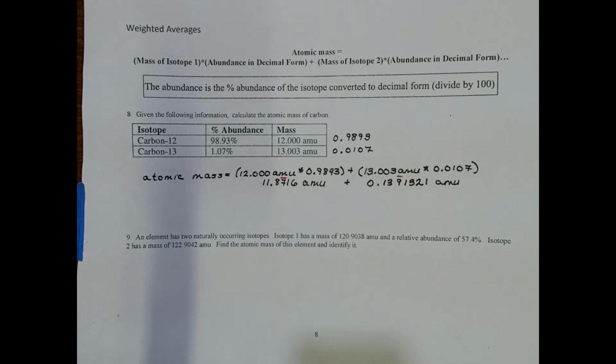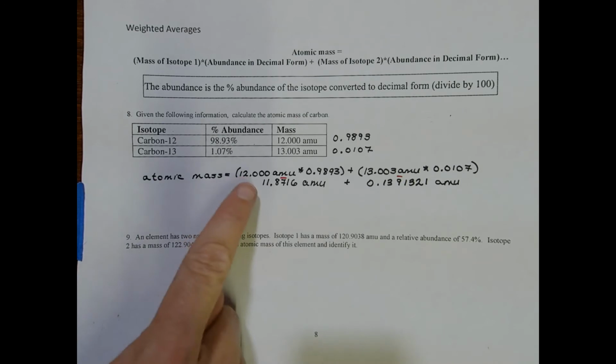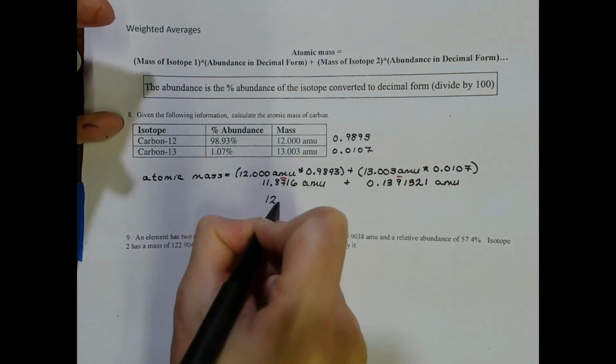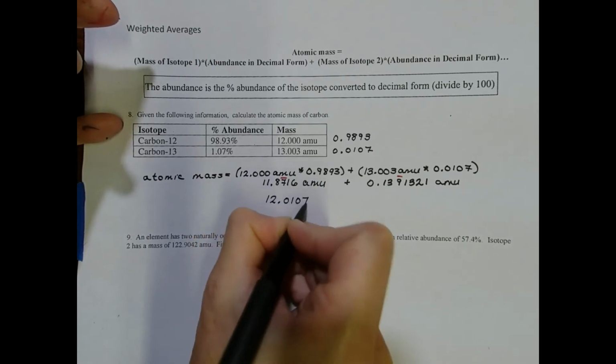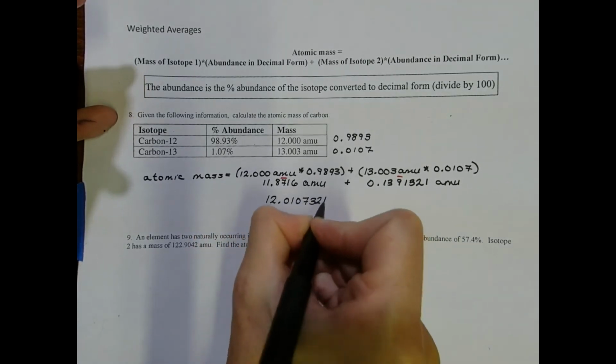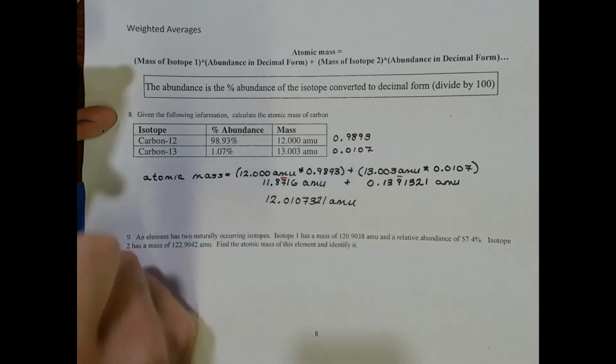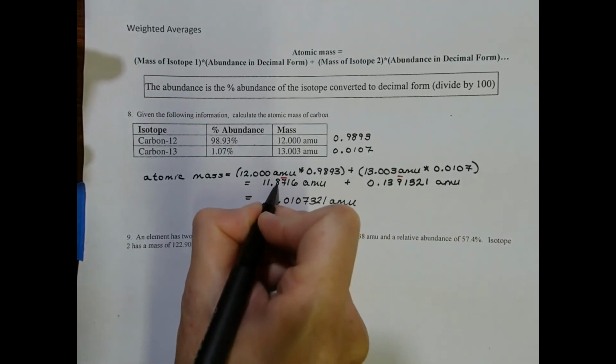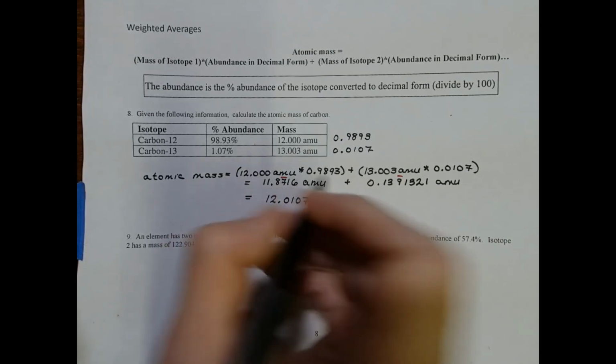So now's adding. I'm going to add up these 2 numbers, not really a huge deal, just throw them in the calculator. No rounding yet. And I get 12.0107321 AMU. This went 2 decimal places.